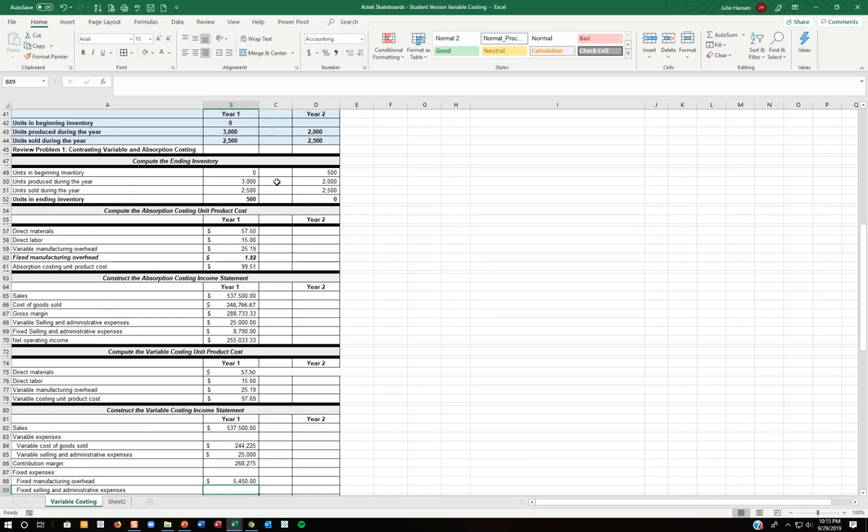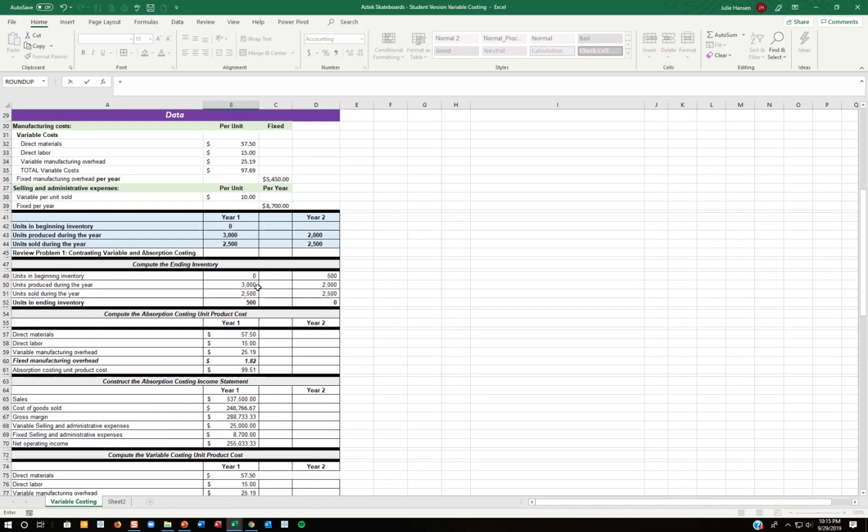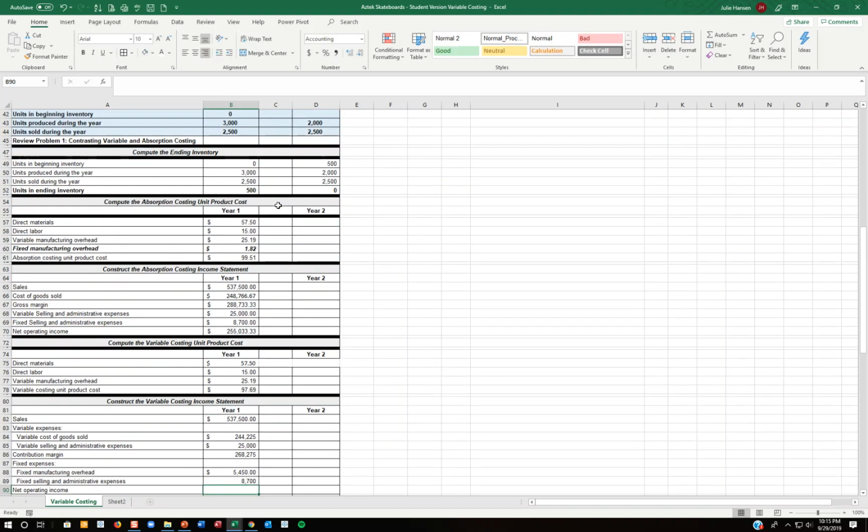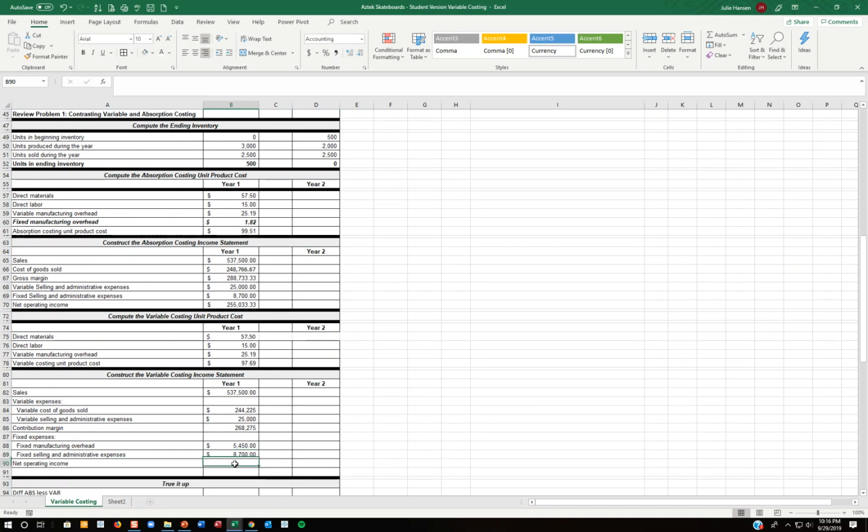Here it goes, and I'm going to expense the whole thing. And then my fixed selling and administrative was up here. That is no different than always. I'm going to put that in the same dollar amount so you can see. And then my net operating income is going to be my contribution margin less my fixed expenses. So there you have it.